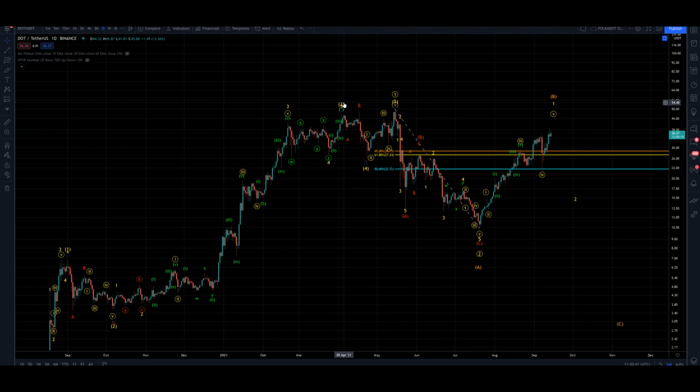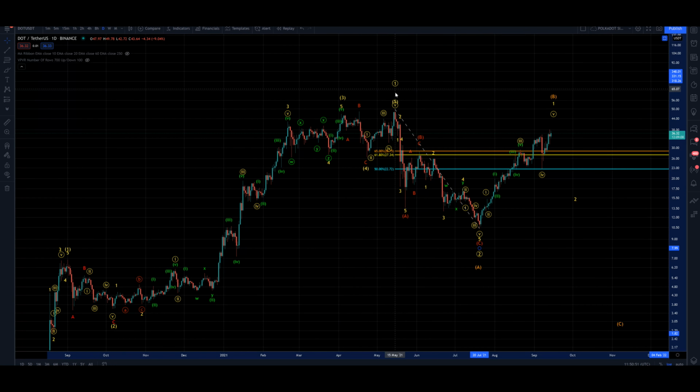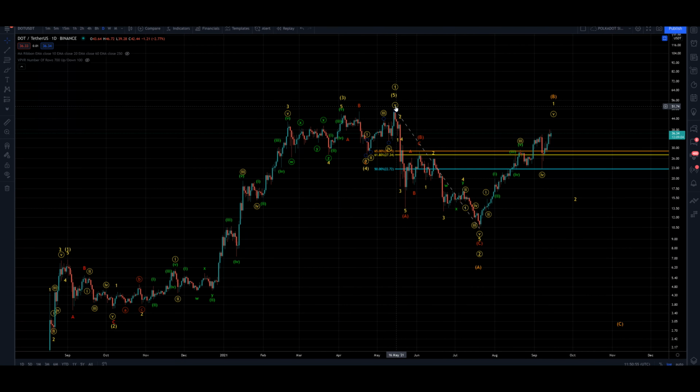Then I move up into the intermediate 3, an A, B, C flat pattern into the intermediate 4, and then 5 more final minute waves into the intermediate 5, completing primary 1. And this is our high up here on the 16th of May.